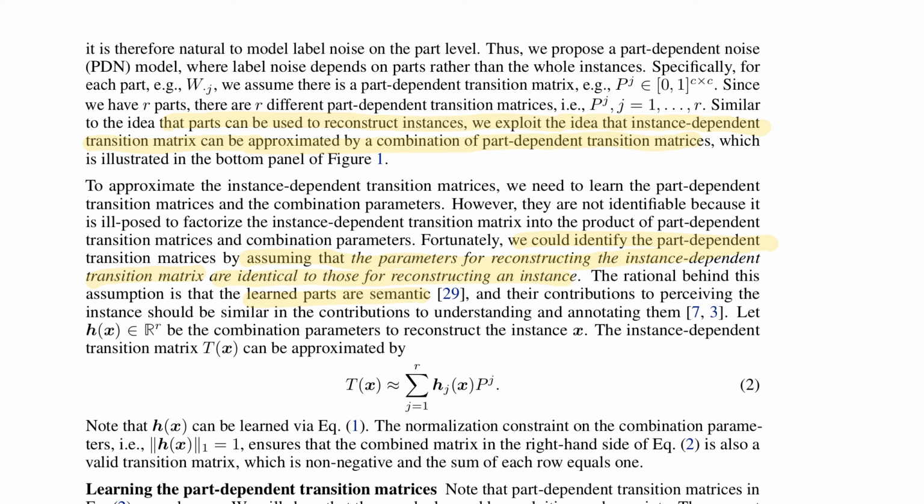Thus, for each of the j's from 1 to R, where R is the number of parts, you have a transition matrix specific to that part. You take the components associated with the instance, tune the weights, take the weighted average of all of these part-based transition matrices, and create the instance-dependent transition matrix by that.